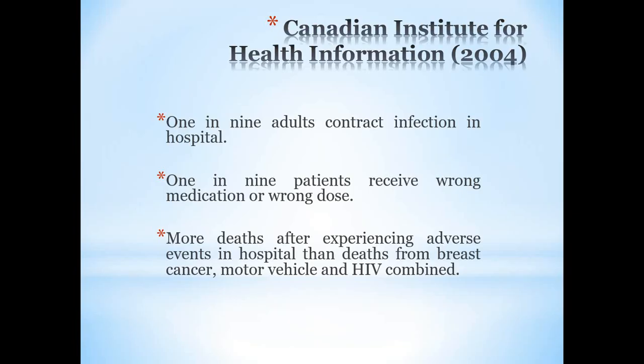These wrong medications may be prescribed by the physician through irrational or inappropriate selection of the drug, or the wrong doses calculated by a pharmacist or administered by the nurses.